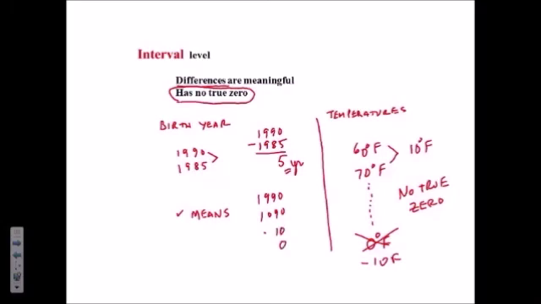Is that the beginning of time? Is that the starting point for time? No. Don't you have before the Common Era, whatever you want to call it, BC? Don't you have 30 BC? And so on. So there is no natural zero for interval level data. And when that happens, then division is not meaningful. Division is not meaningful.